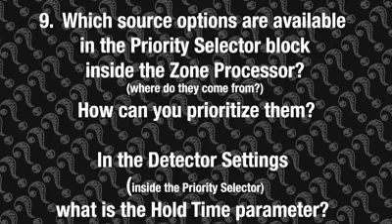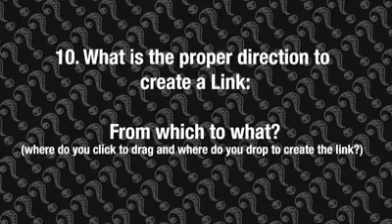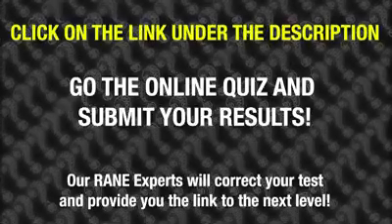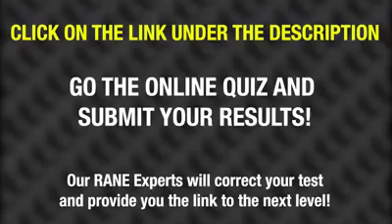And how can you prioritize them? In the detector settings, how does the hold time parameter work? What is the correct order in making a successful link? From where to where? Feel free to access your notes and previous videos to answer them, and assure these topics are well structured in your mind before you go ahead with the Halogen training.